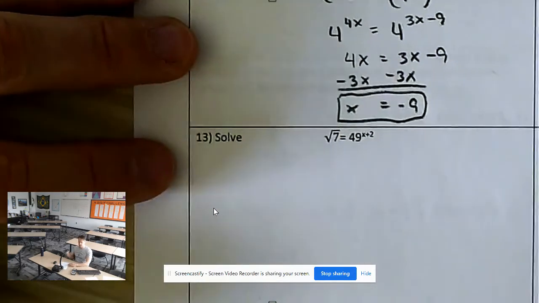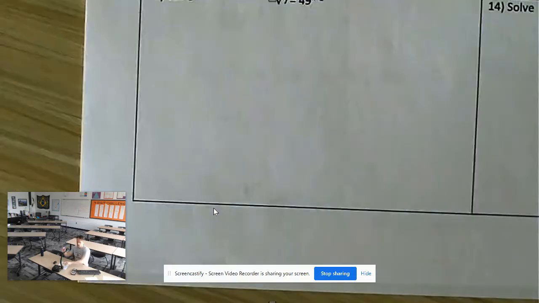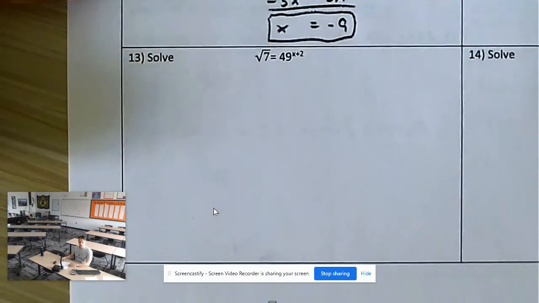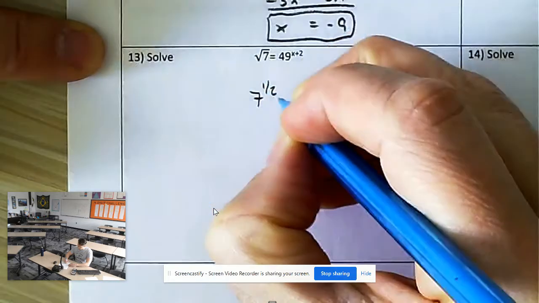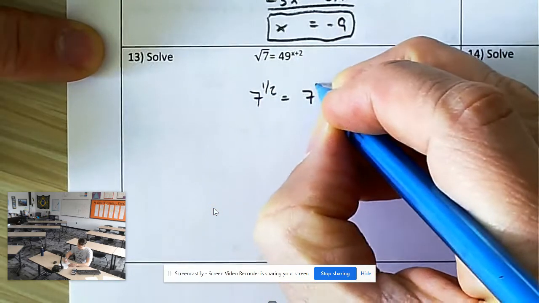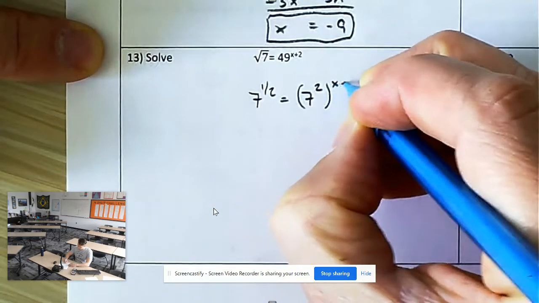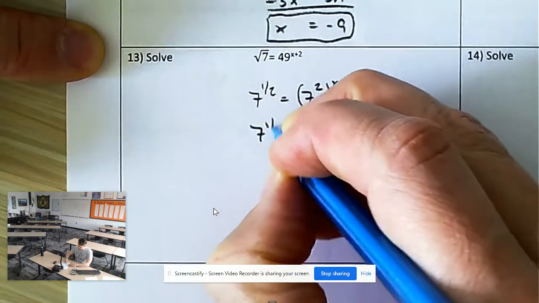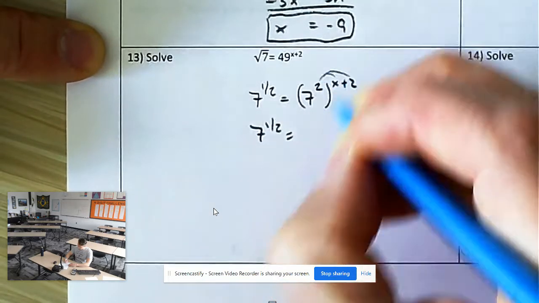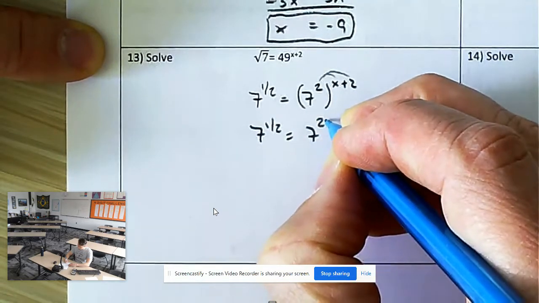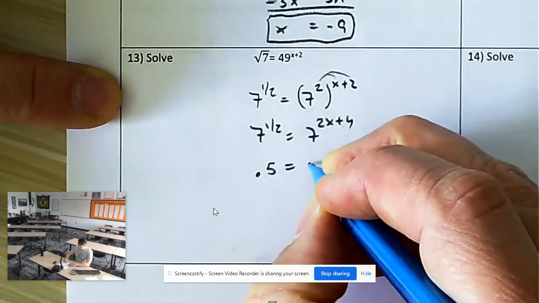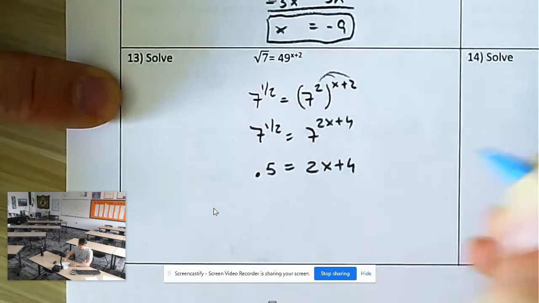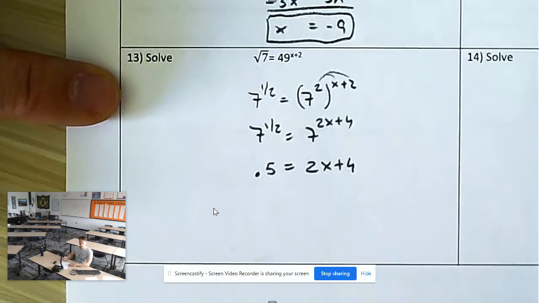Number 13. Well, I hope you remember that a square root is actually an exponent of 1/2. So this is 7 to the 1/2. 49 is 7 squared. So here I get 7 to the 1/2 equals, distribute, 7 to the 2x plus 4. So now I have 1/2, which I'll write as 0.5 if you don't mind. This is going to be kind of a gross answer.